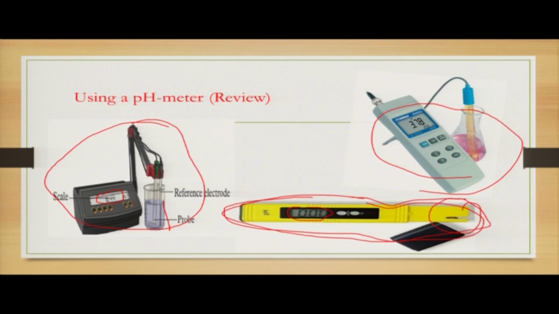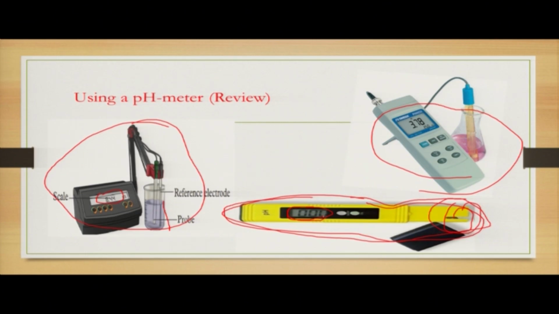This is the one which looks like a pen. This part over here, you insert it into the solution, and the value that corresponds to the pH will be read on this part here. So you'll see 0.0.